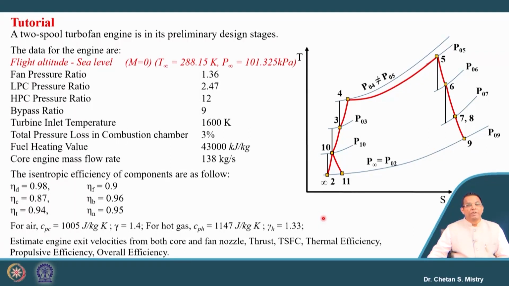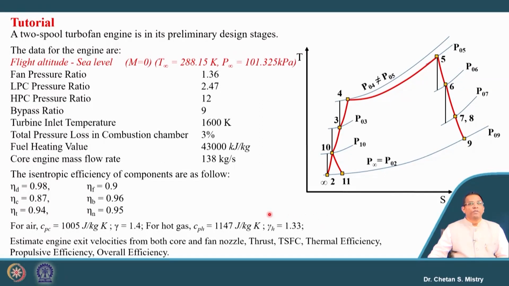The Cp and gamma values for air as well as hot gas are given. We need to estimate the exit velocity from both the core and fan nozzle, thrust specific fuel consumption, thermal efficiency, propulsive efficiency and overall efficiency for this cycle.